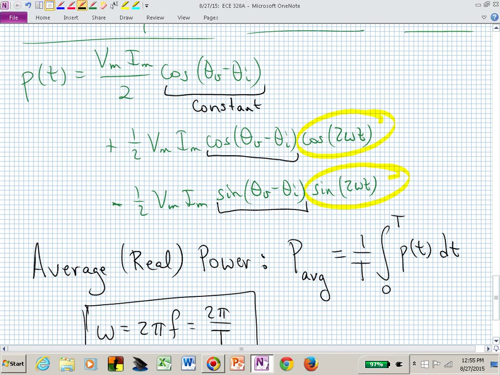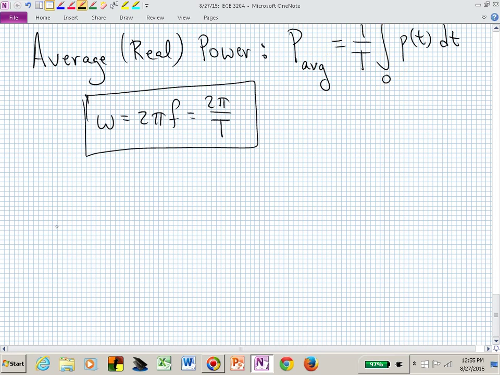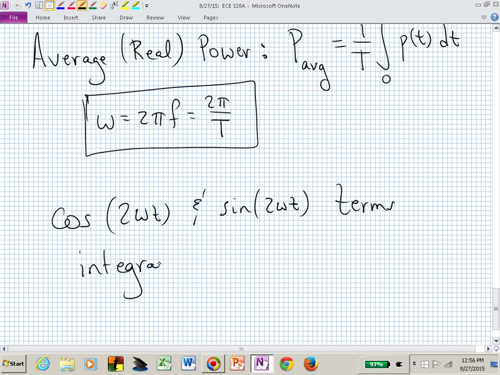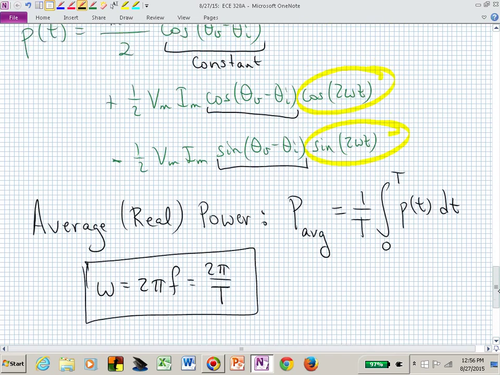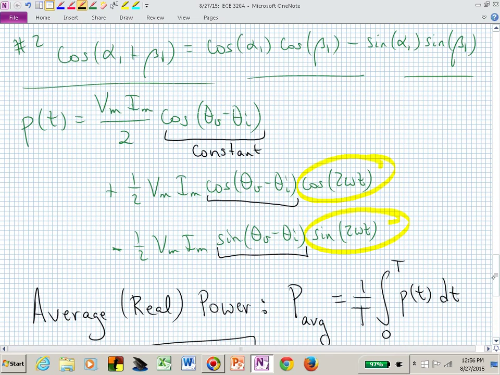What I'm trying to say is that the cosine of 2 omega t and the sine of 2 omega t, those 2 terms integrate to 0. And now what's the integral, or what's the average, I should say, of that first term?